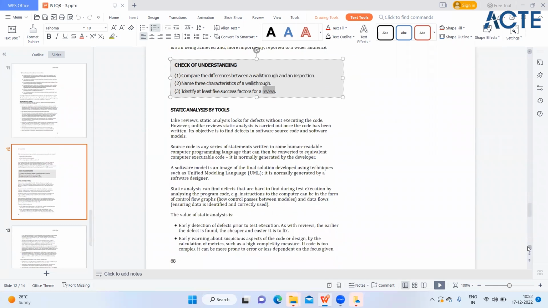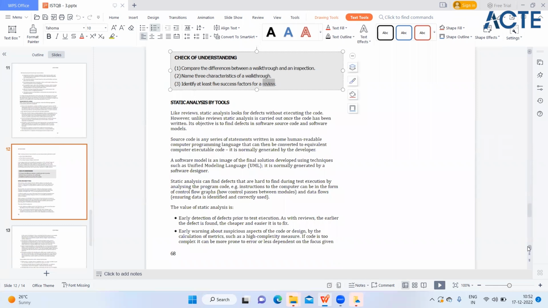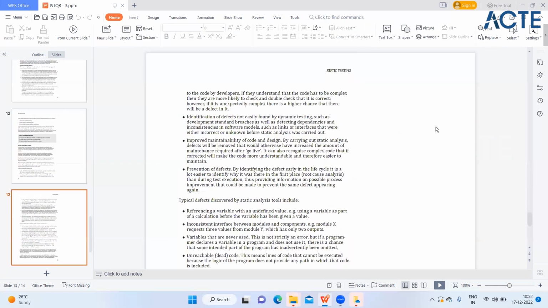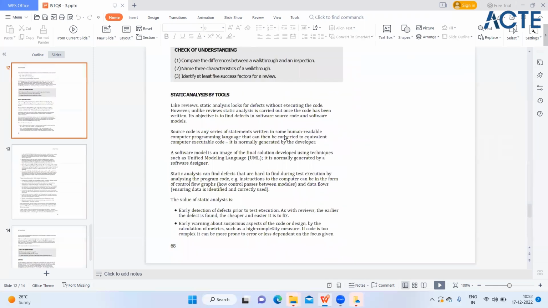Now they are providing static analysis by tools. So what kind of tools are we using? So these are the names of tools. A software model is an image of the final solution developed using techniques such as Unified Modeling Language. So UML is a kind of tool which we are using in the static analysis.